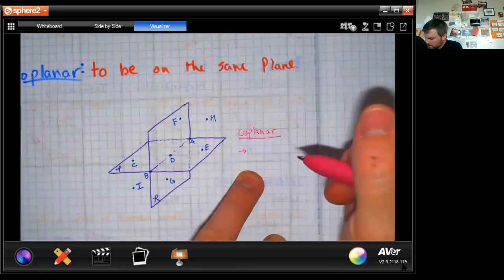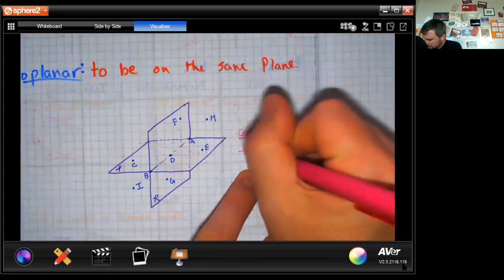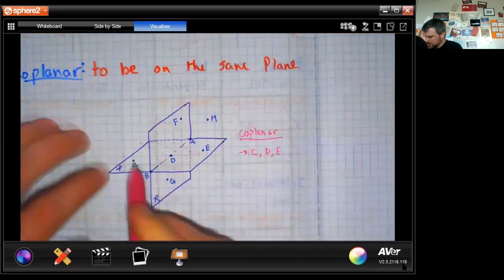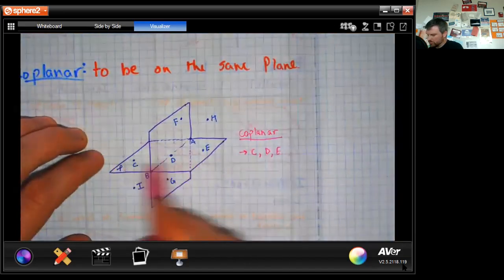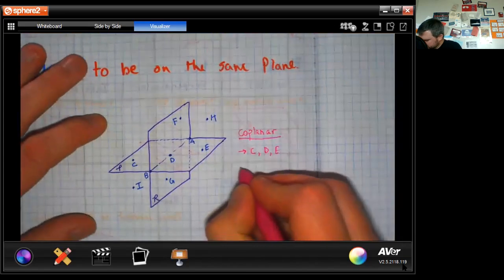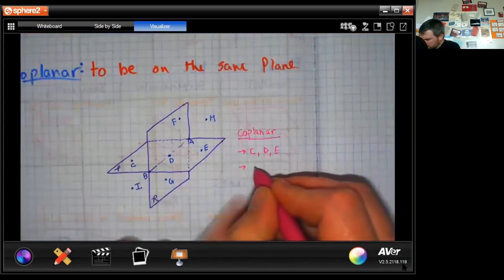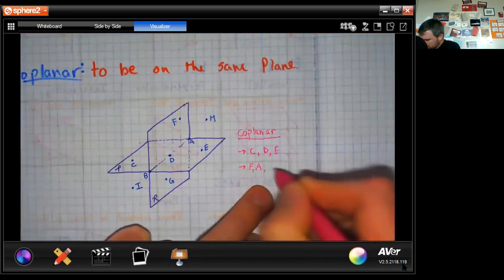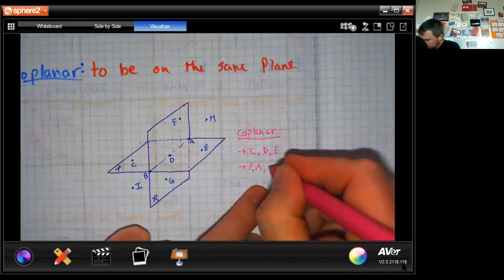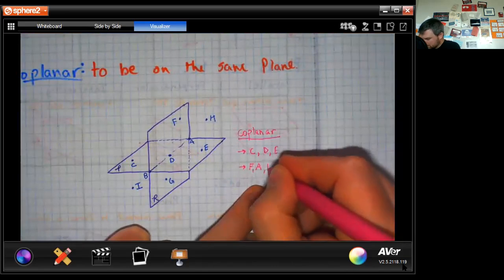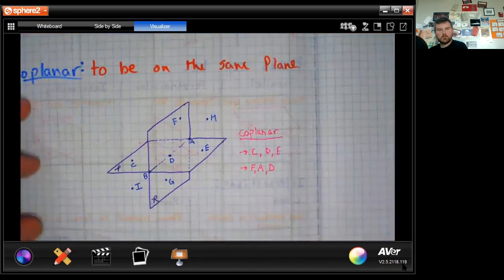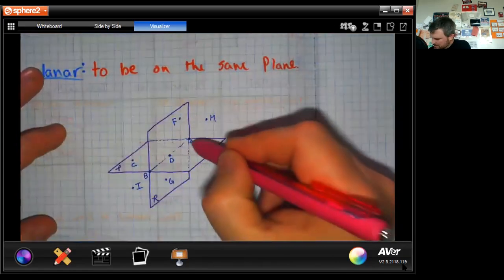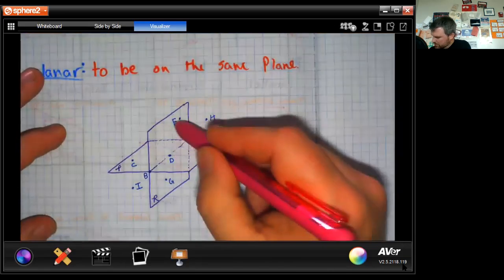So coplanar could be C, D, and E. So C, D, and E, they are all on plane P. F, A, D. So F, A, D are all on the same plane.